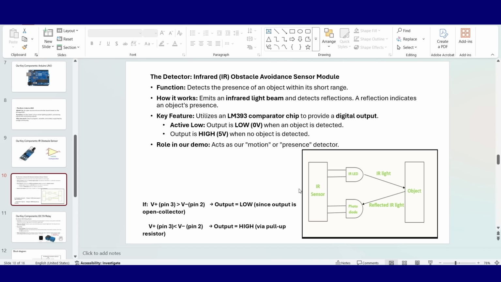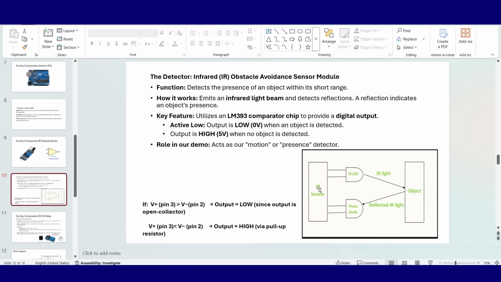If no object is detected, then the IR light sent from the IR LED will not be reflected at all because there is no object. So this photodiode will not detect anything, and that is given as input to the LM393 IC. The LM393 IC further sends a logic high or low to the Arduino board saying there is no object detected.